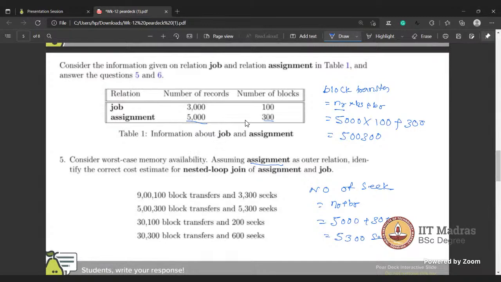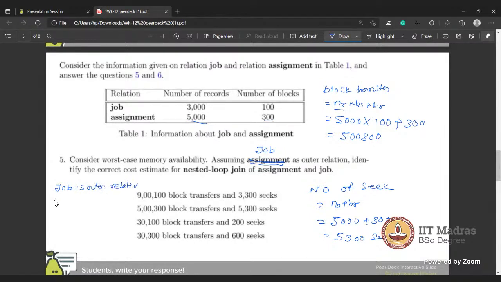Suppose job is the outer relation. Then what will be the answer?